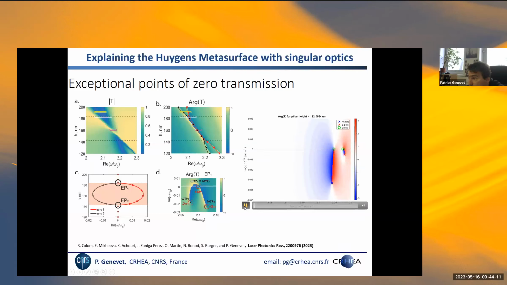And you see when you start changing the parameters, increasing the height, the 2 zeros collide, they move complex conjugated apart in the complex frequency plane. Then this zero passes to the other side, this pole, sorry, they pass to the other side, and then the zeros merge again.